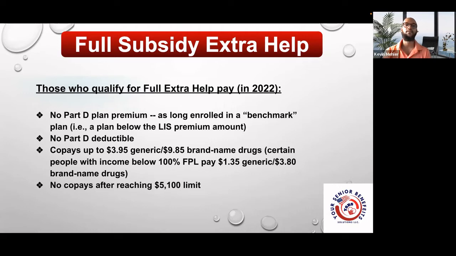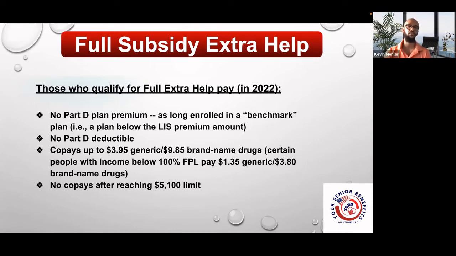Okay. Now, they would not have the Part D deductible. And also their co-payments for their medications, like generic medications, are usually up to $3.95. And for brand specific medications, it's usually around $9 and some cents. Okay. Now, certain people with incomes below the 100% FPL do pay about $1.35 for generic and up to about $3.80 for brand specific medications.